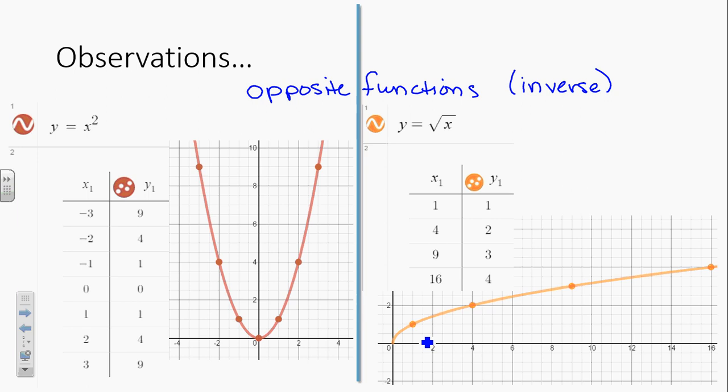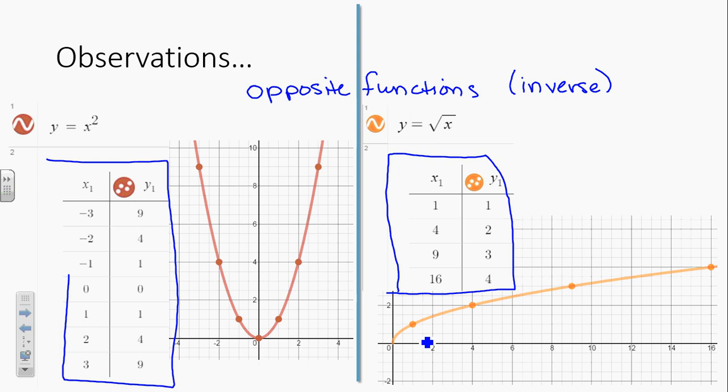So what do you notice about the tables? They're not the same size, are they? One's much longer than the other. But what do you notice about the data that's in the tables? Yeah, it's the same.